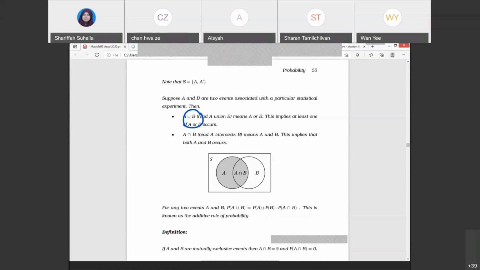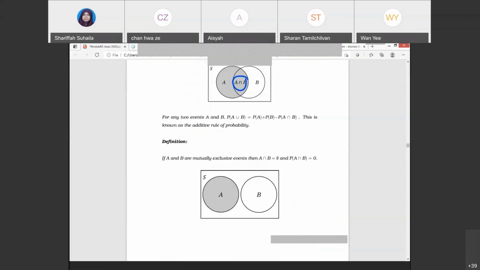The other one is A intersect with B. A intersect with B is the intersection, just here. If we apply the additive rule of probability, the probability of A union B is the probability of A plus the probability of B minus the intersection. Normally during your SPM, the formula is given.